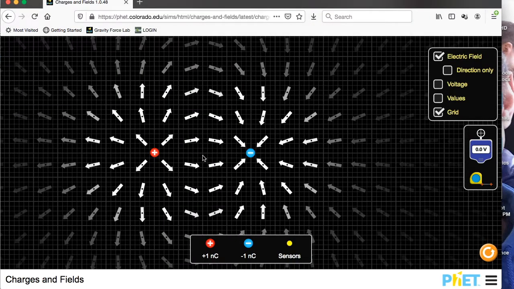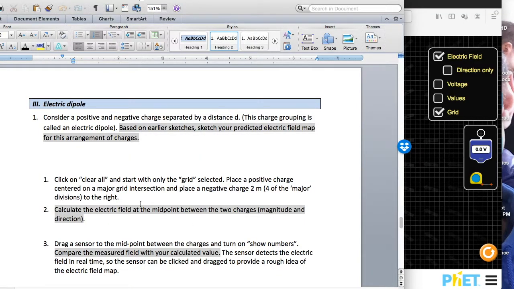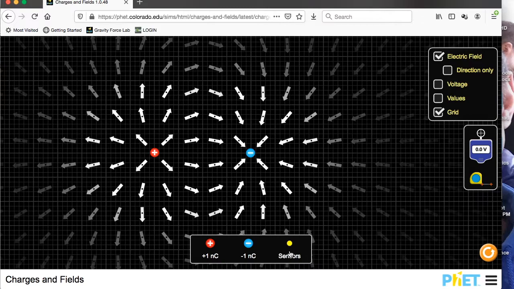Calculate the electric field at the midpoint between the two charges. Remember, E equals KQ over R squared. The distance here is going to be 1 meter from each one. Since it's a vector, we're going to add the electric field due to this one to the electric field due to that one. They're in one line, in the same direction, so they're just going to add up as vectors.